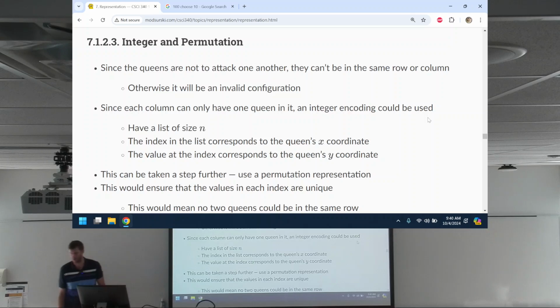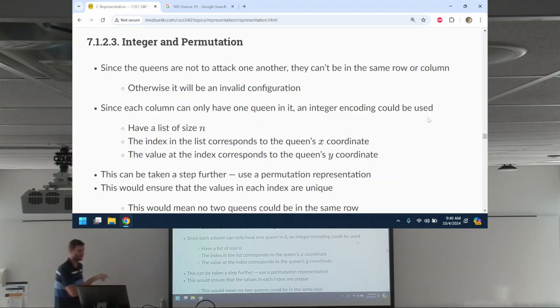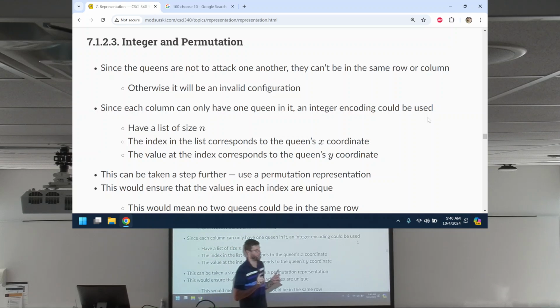Integer and permutation. Since the queens, at this point we need to be paying attention. Everything makes perfect sense, but if you're not really paying attention, you might get lost in the description. Since the queens are not to attack one another, they can't be in the same row or column.